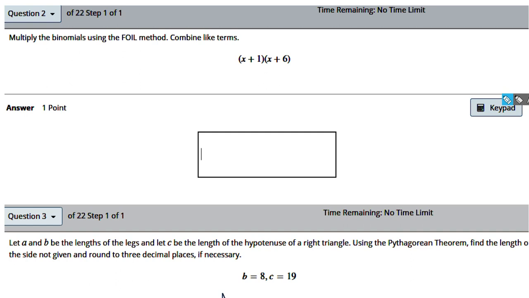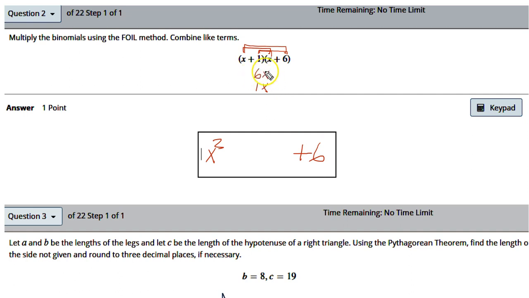Now, in this example, they're asking us to do the FOIL. So again, if you use lines, that's not a problem. Like this, the first, that's going to be x squared. The outers, that's going to be 6x. Now I'm doing it this way so I can put the answer in here. Inners, 1x, and then last, +6.